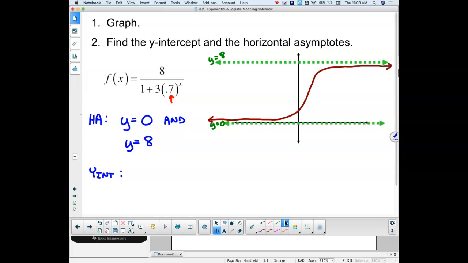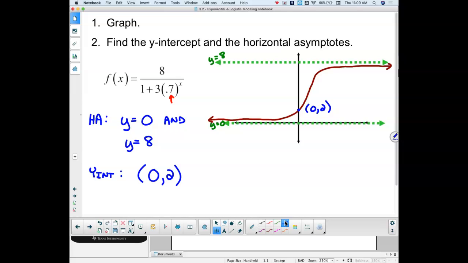What is 0.7 to the 0 power? 1. 1 times 3 is 3. 3 plus 1 is 4. 8 divided by 4 is 2. So I get an output of 2 when I put in 0 for x, which means this point is (0, 2).